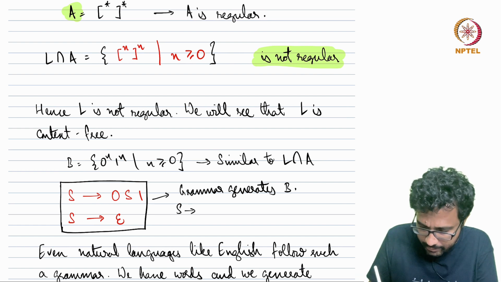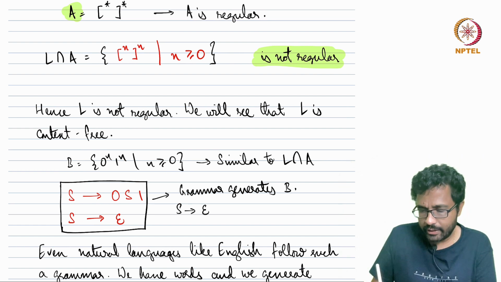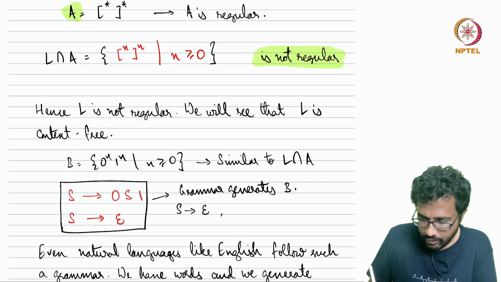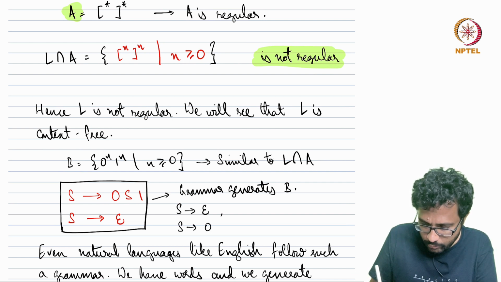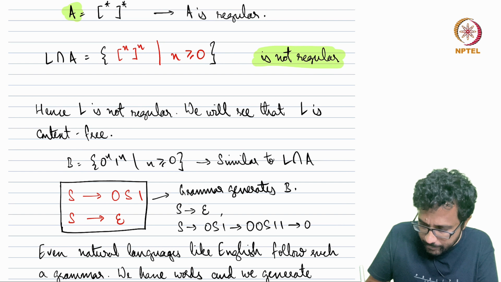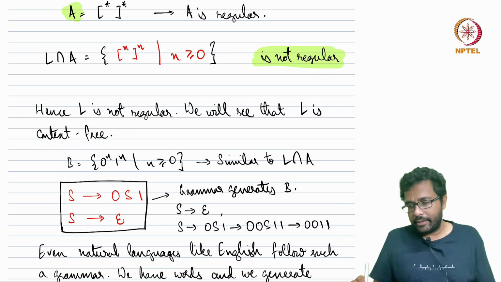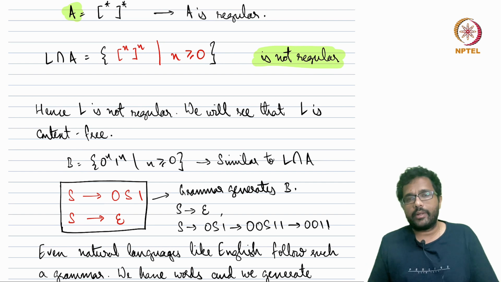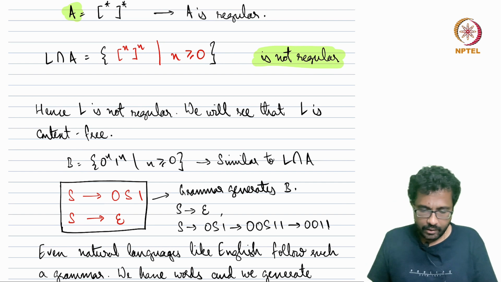You can replace S with the empty string, or you can replace S with, let's say, 0S1, maybe this S again with 0S1, and then maybe with the empty string. So you can see the strings that you generate are of the form 0 power n, 1 power n, right.